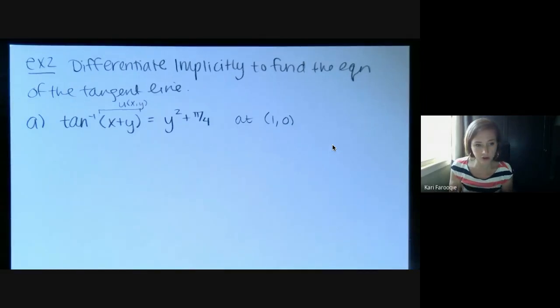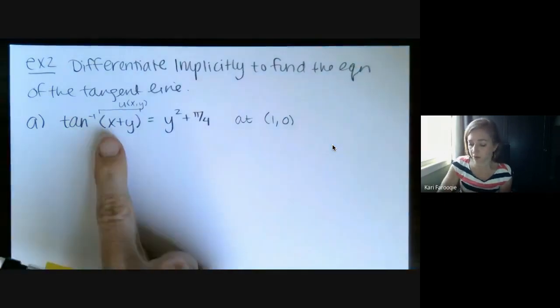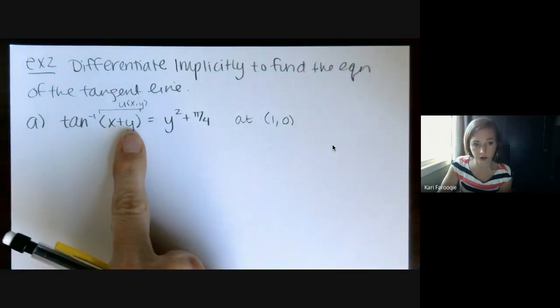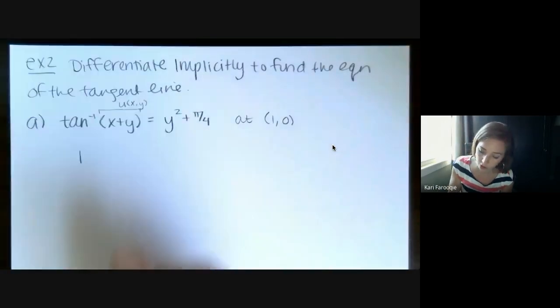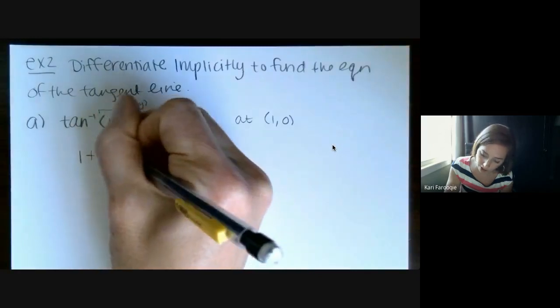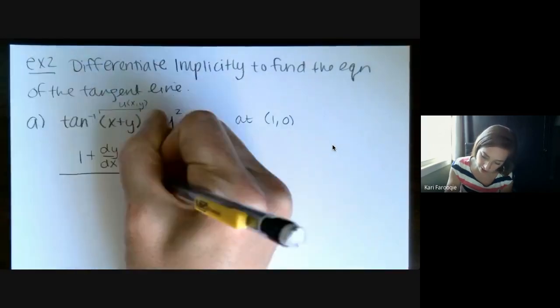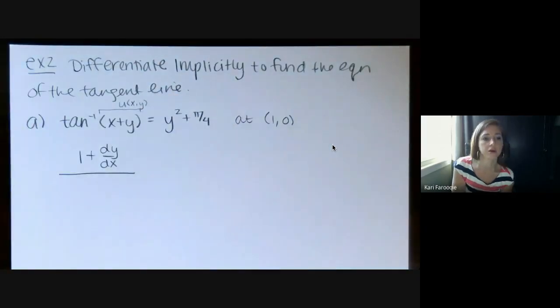Okay, so we're going to take the derivative here. For the inverse tangent, I need to take u prime over 1 plus u squared. So u prime is the derivative of x plus y. The derivative of x is 1. The derivative of y is dy dx. And this is the first time I can remember us doing an implicit differentiation problem where we have a fraction where we have dy dx in one part of the fraction.